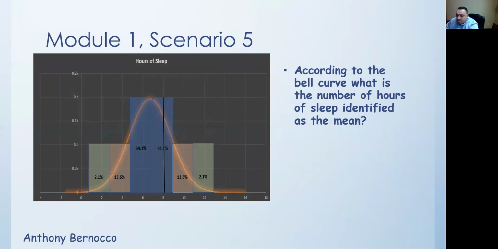My average hours of sleep is closer to 8. That's the black line here. The mean is about 6.7, and that would be the peak of the curve, the apex right here.